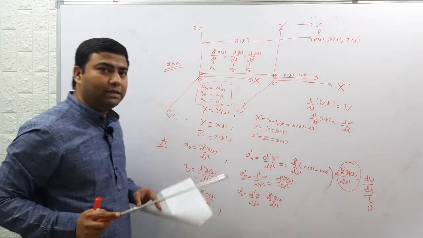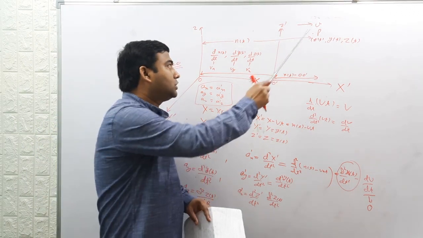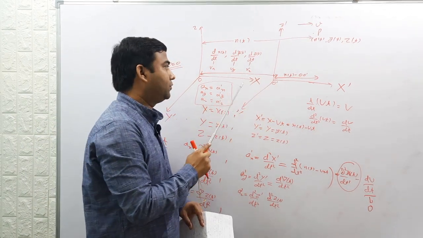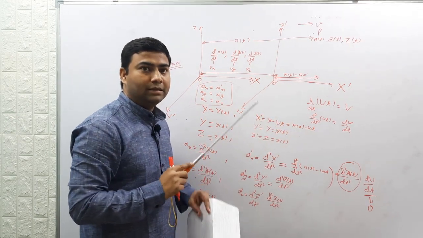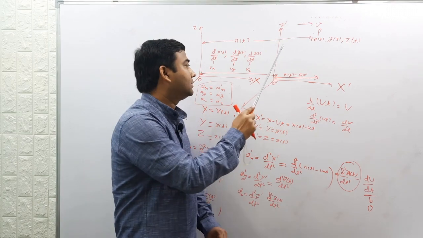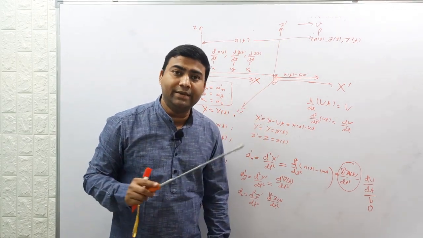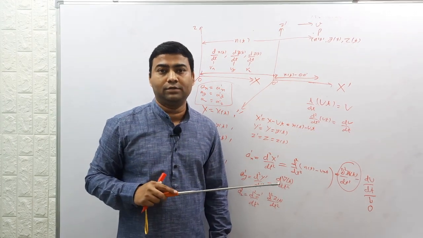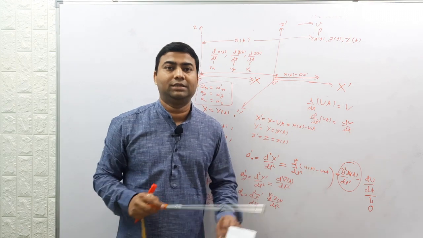So this draws a very important conclusion. When we observe motion of a particle from a moving frame, the acceleration of this particle will be the same from both frames, whether it is moving or stationary.